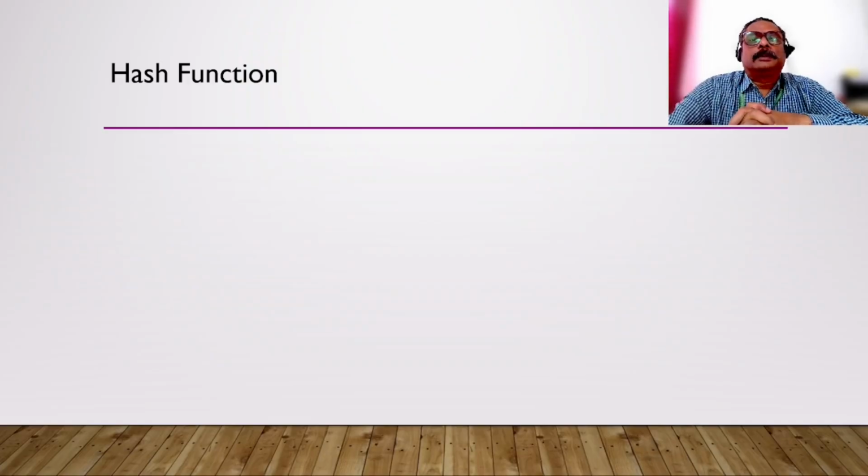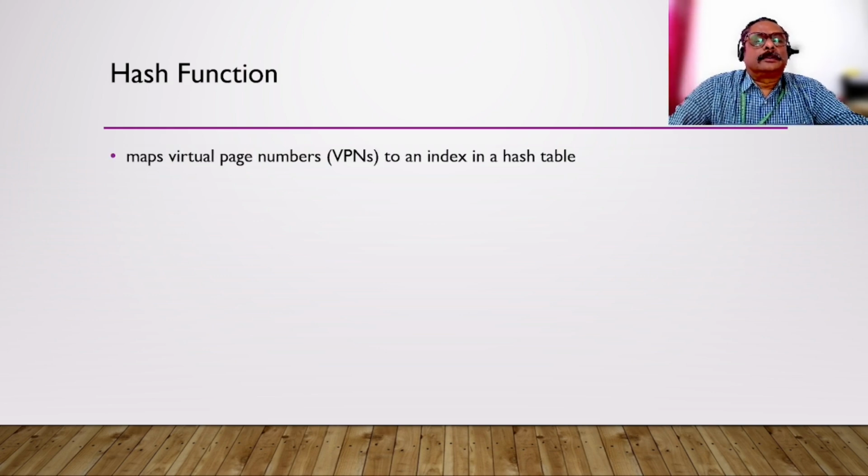Hi friends, now let's get into the second type of page structuring, which we call hash table paging. Before getting into it, let's look at what the hash function is all about. The hash function maps the virtual page numbers to an index in the hash table.